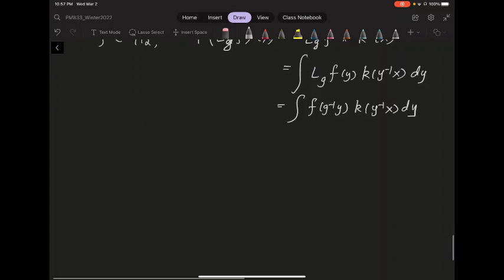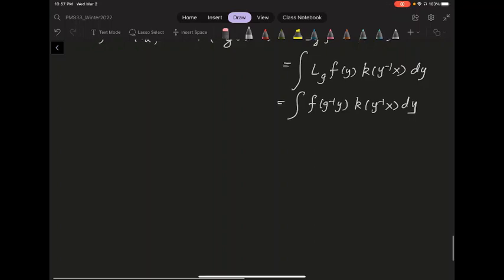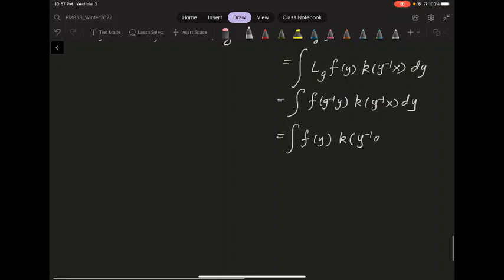And now I can use the left translation: I can put a g on the left of y, and then I move the g inverse inside k. So this becomes the integral of f of y, where I put a g on the left, so y becomes gy. So I have k of (gy) inverse x, which becomes y inverse g inverse x, okay? And this whole thing dy.